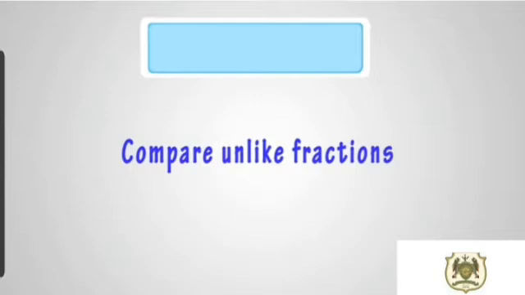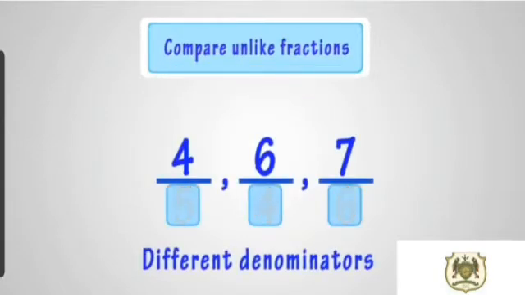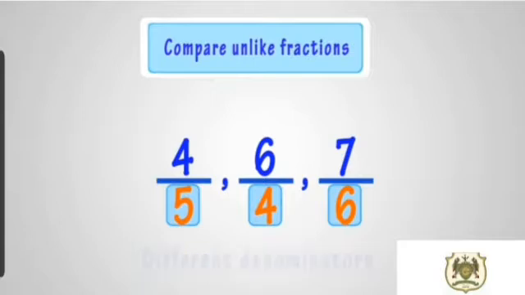Now, if I talk about comparing unlike fractions, we first need to understand what unlike fractions are. The fractions which have different denominators are known as unlike fractions. Here, you can see a few examples: 4 upon 5, 6 upon 4 and 7 upon 6. All these have different denominators.